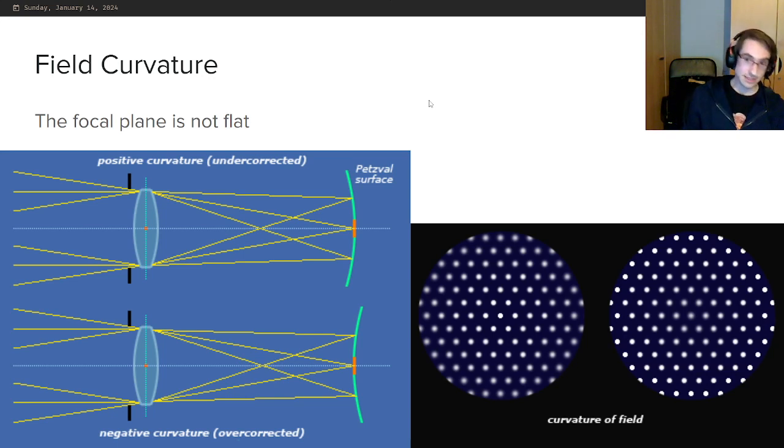This is something that's actually more relevant now than before, because if you're using film, as people did before digital sensors were a thing, you can curve this film. And if you know your field curvature, you can curve your film to fit exactly onto your field.